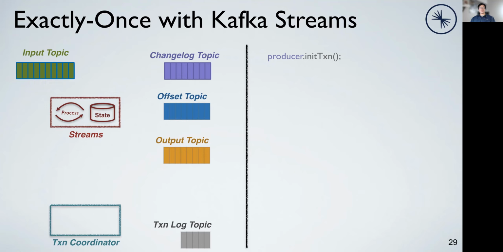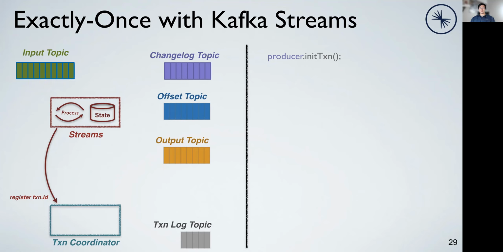Here on the left-hand side, we have a diagram of Streams clients talking to the broker's transaction coordinator. And on the right-hand side, I will show you some code snippets inside Kafka Streams when exactly-once is enabled. So when a stream instance starts for the first time, it would first register its embedded producer to the transaction coordinator.